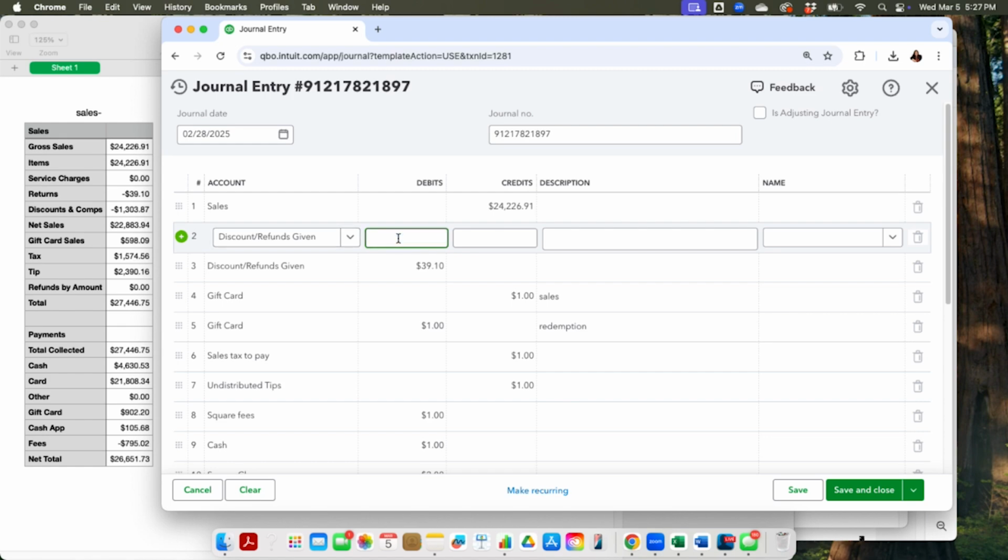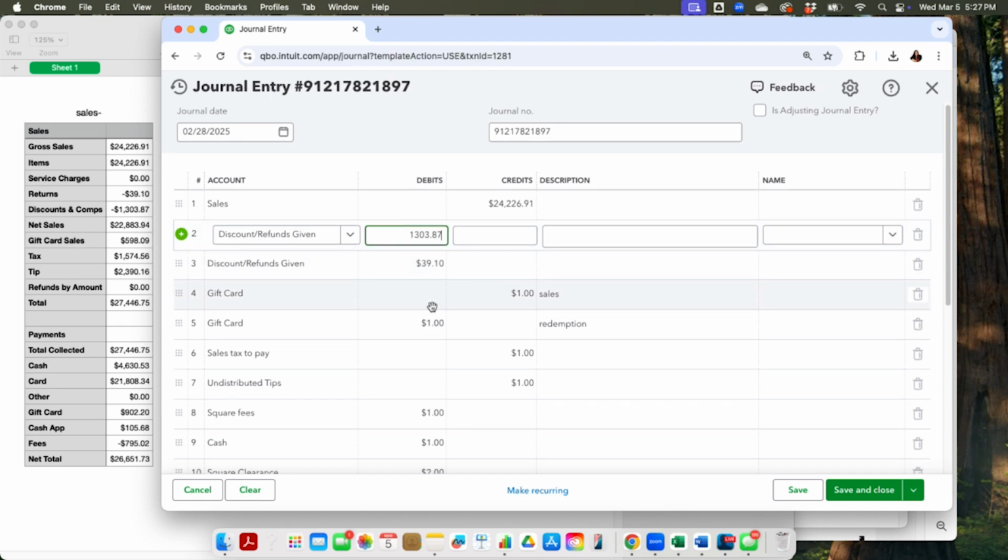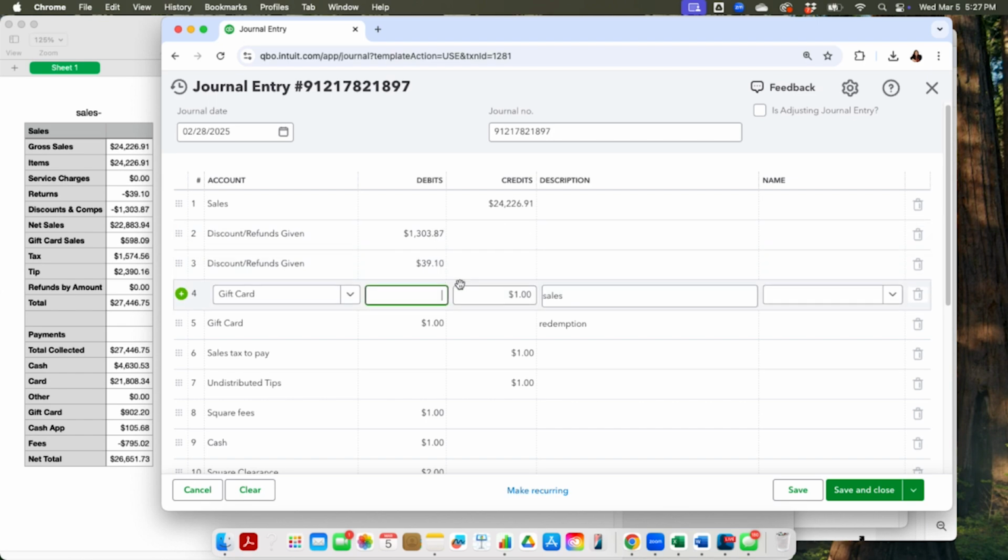Oh, see that QuickBooks is gonna try to not put the whole amount, but you want to make sure that you type the right amount. The discount is a debit because it's a contra sales account, okay? So 1303.87. Okay, so now I account for refunds and discount.